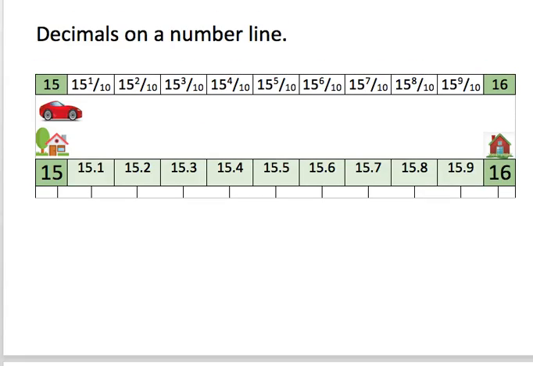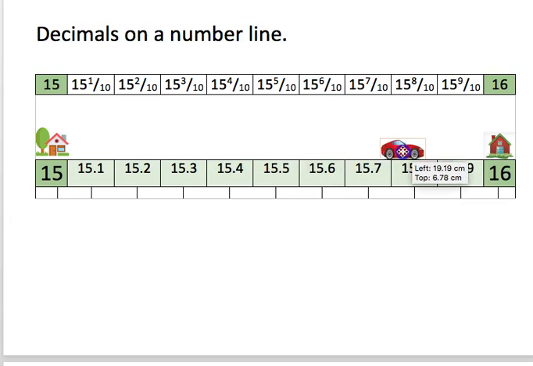When you look at the decimal fractions on the number line, they are the numbers that are in between 15 and 16. So if I was to take myself from 15, I'm not quite at 16 yet. I'm getting there. I'm about a third of the way. I'm about halfway. I'm nearly there at 15.8.